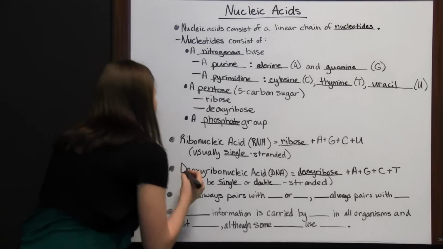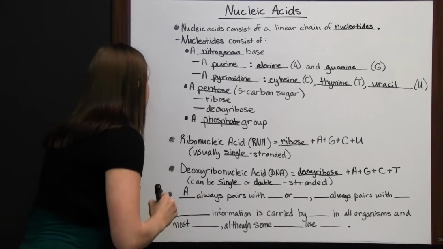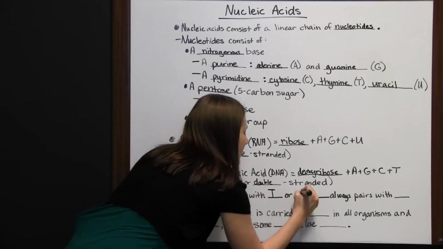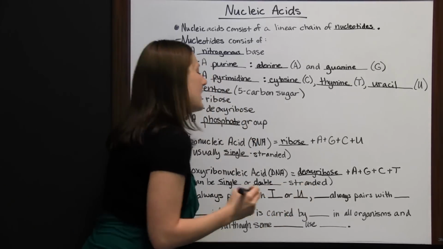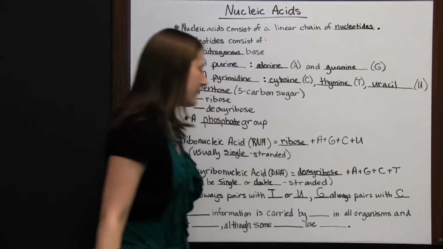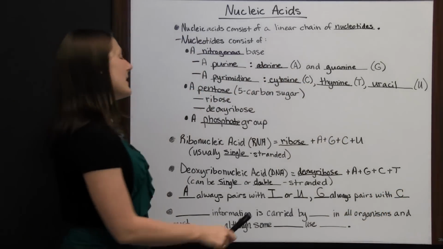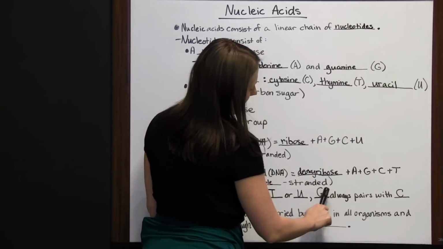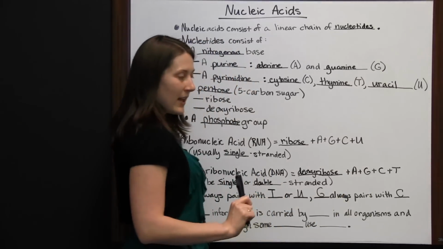Something to remember as well is that adenine always pairs with thymine or uracil, and guanine always pairs with cytosine. And the way I like to remember that is that the curved letters, guanine and cytosine, our abbreviated letters, go together.